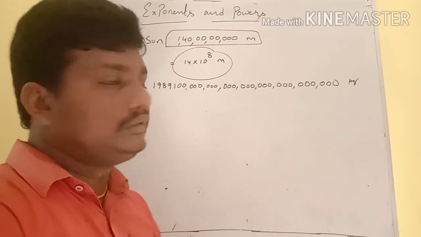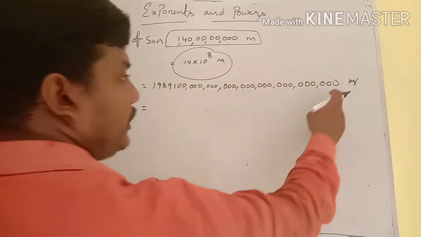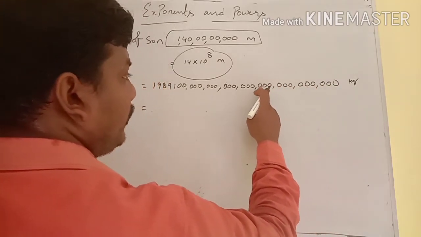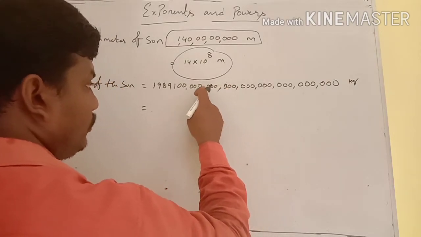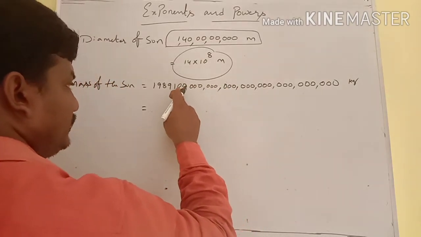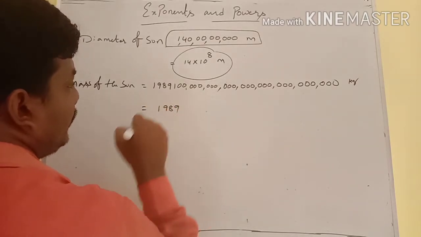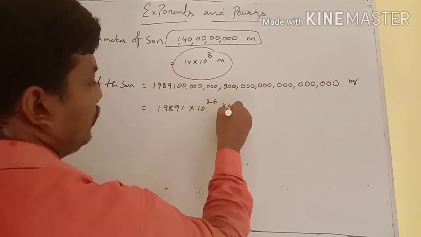So how many zeros are there? 1, 2, 3, 4, 5, 6, 7, 8, 9, 10, 11, 12, 13, 14, 15, 16, 17, 18, 19, 20, 21, 22, 23, 24, 25, 26. That is 1989.1 into 10 to the power of 26 kilograms.